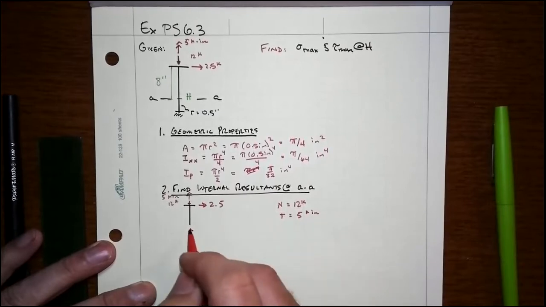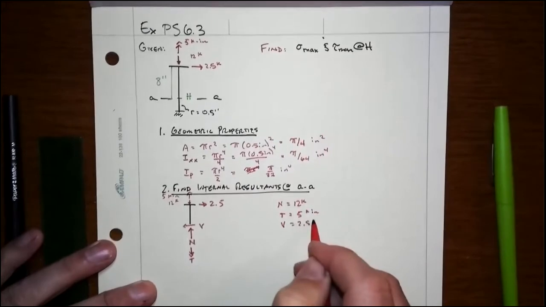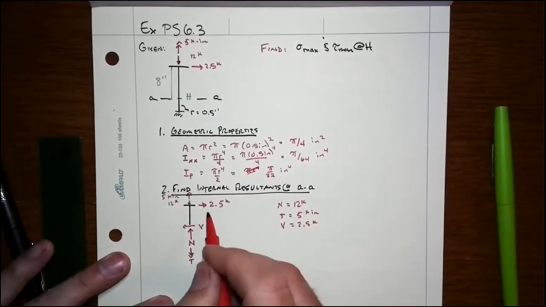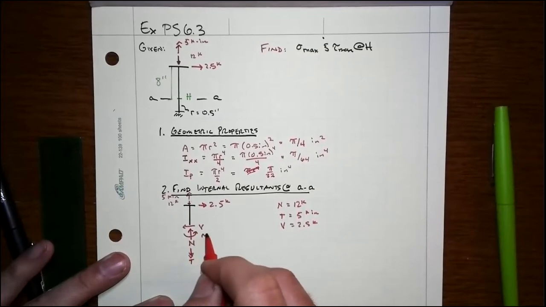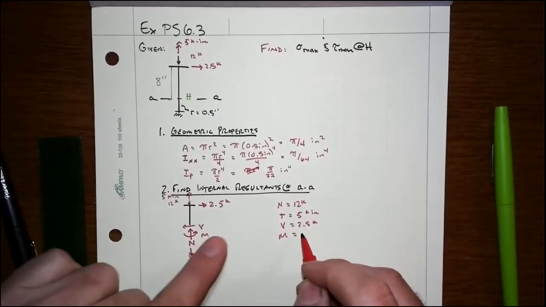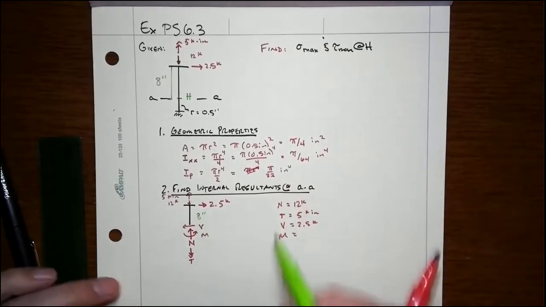Our shear force is 2.5 kips. And then our bending moment, we'll have to oppose that. Our M would be then 2.5 times our moment arm, which is 8 inches.